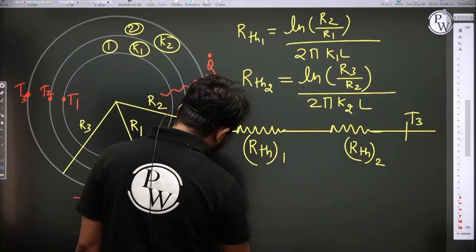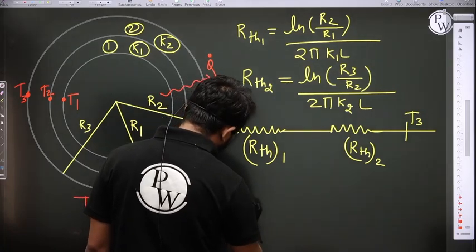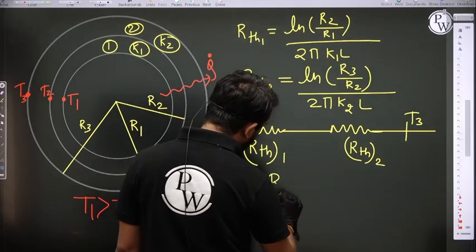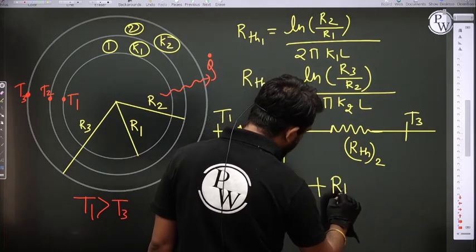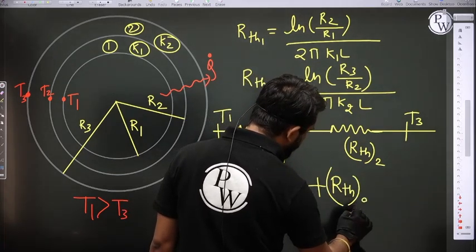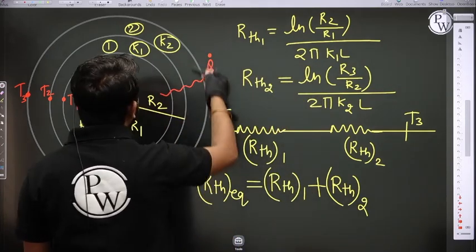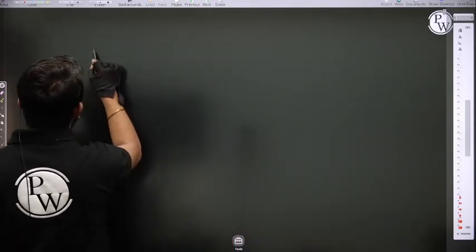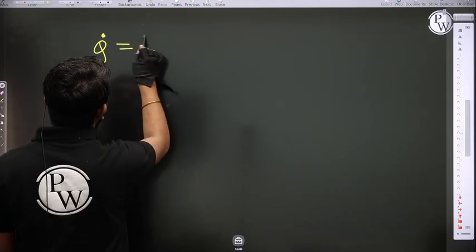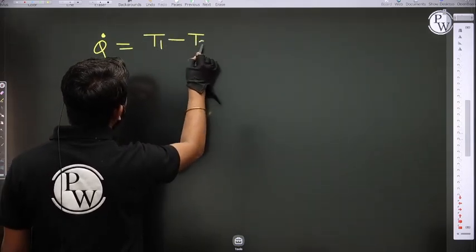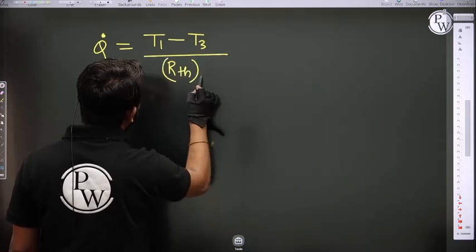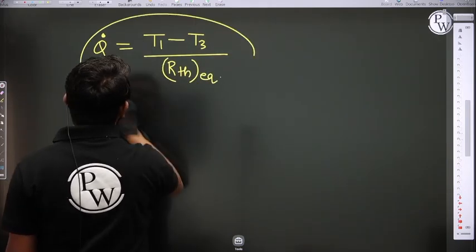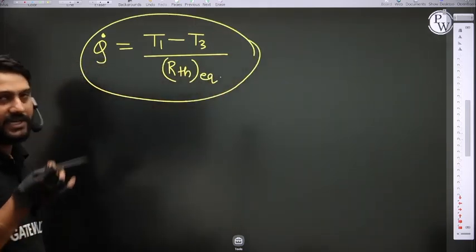So RTH equivalent is equal to RTH1 plus RTH2, right? I want to find out the rate of conduction heat transfer, so Q dot is equal to T1 minus T3 divided by RTH equivalent, right? So from here you can find out the rate of conduction heat transfer.